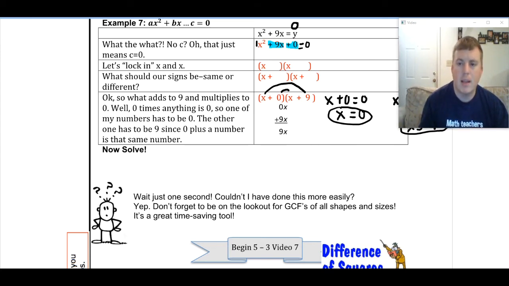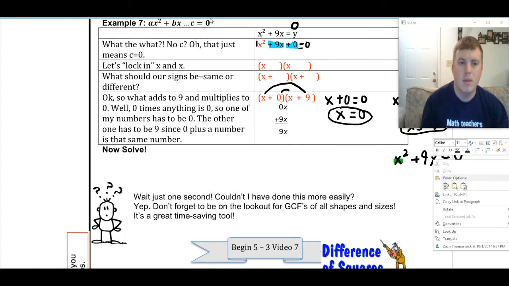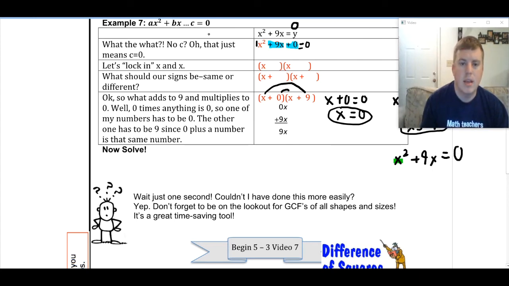So when I go back and look at this, x squared plus 9x is equal to 0, I can see that both of these terms have an x value in them. I have an x squared in the first term, and I have an x in the second term. So that lets me pull out an x from both of those.